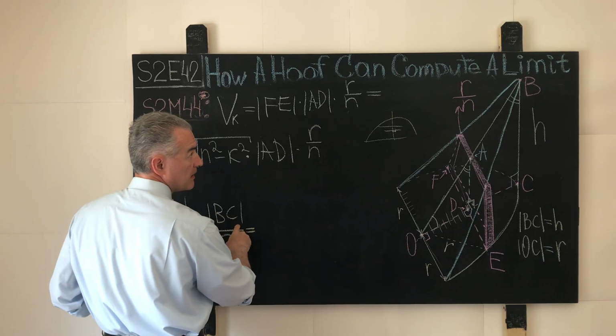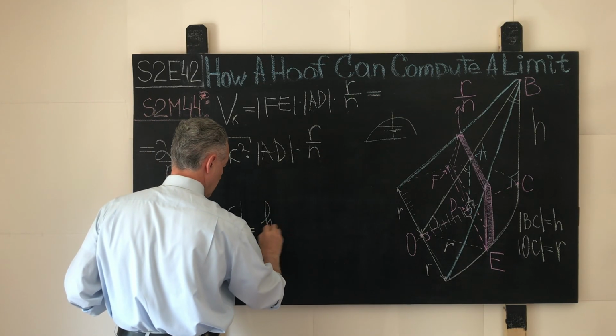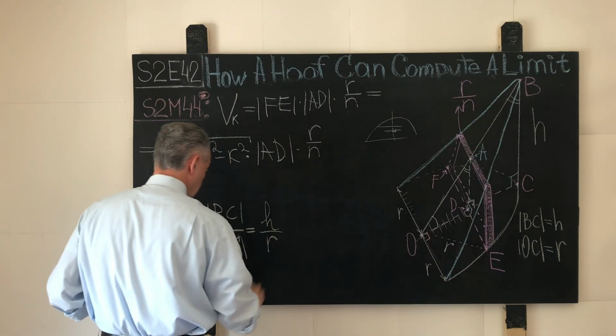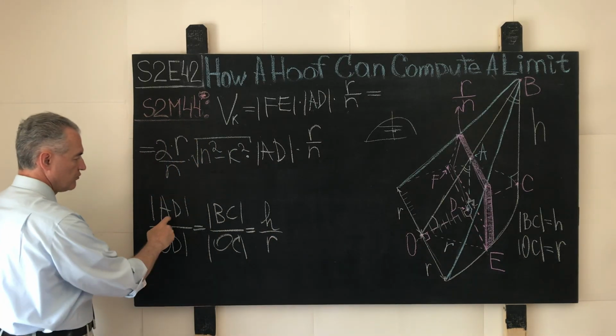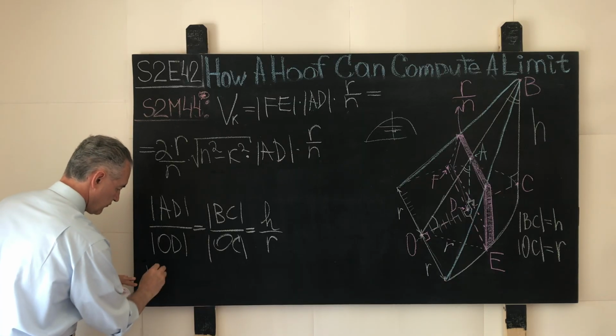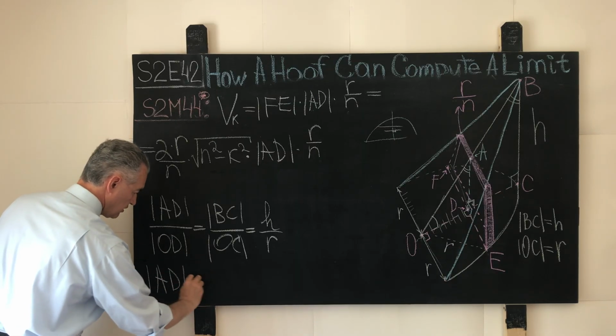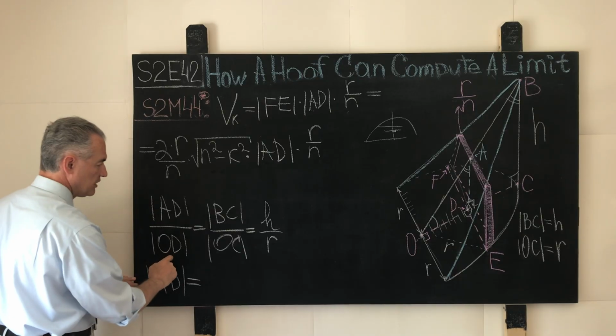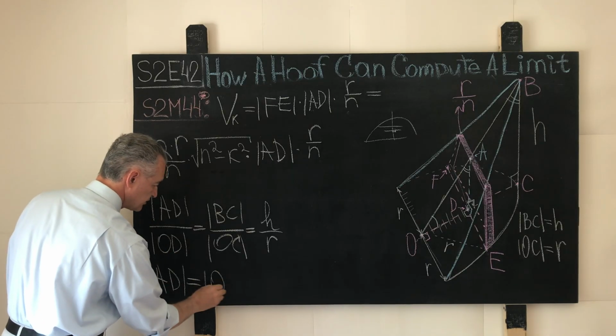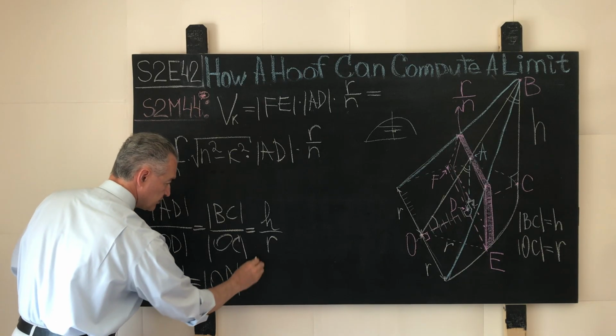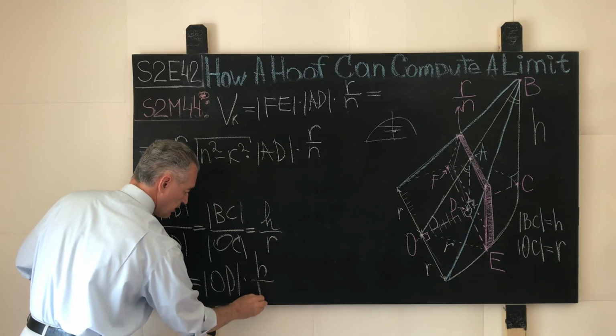And what is this? BC is H, OC is R, and from here it follows what? For the distance AD, we have OD, the distance OD, times H divided by R.